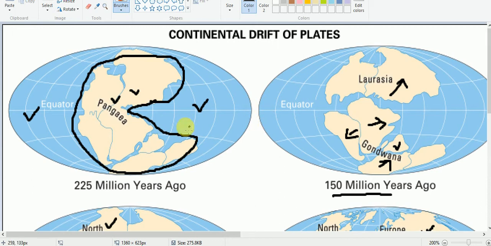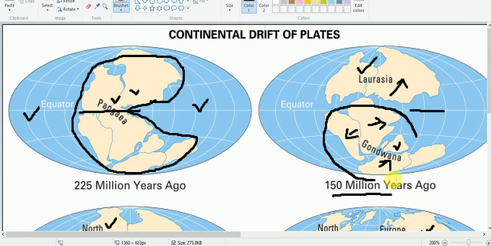thus forming the present continents. See, when Pangaea was broken roughly along the equator, we got two land masses. Here we have the equator. The land north of the equator was known as Laurasia, and the land south of the equator was known as Gondwana land.